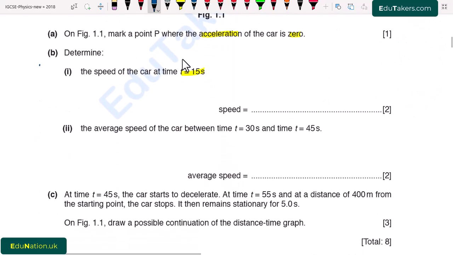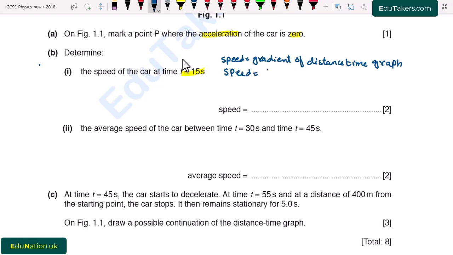So I write here speed is equal to gradient, or it can also be called slope, and it will be equal to delta d over delta t, or I write d2 minus d1 over t2 minus t1.